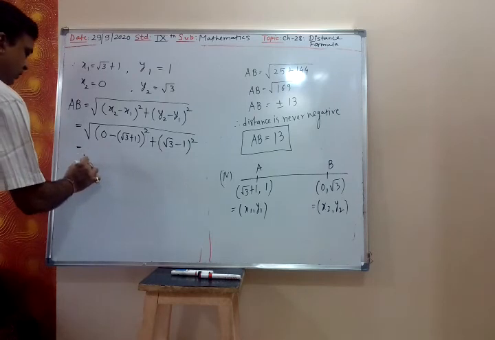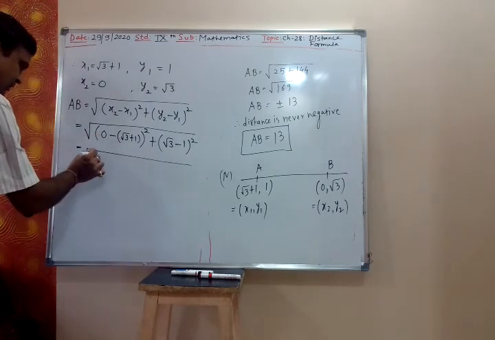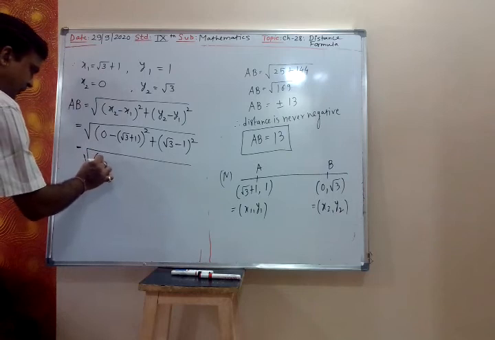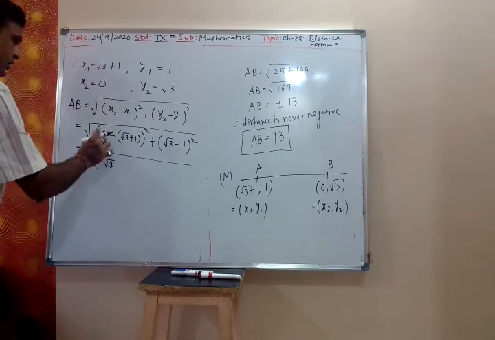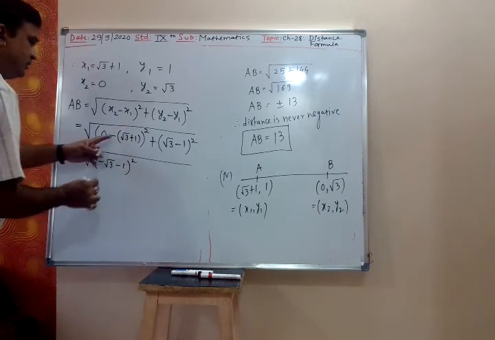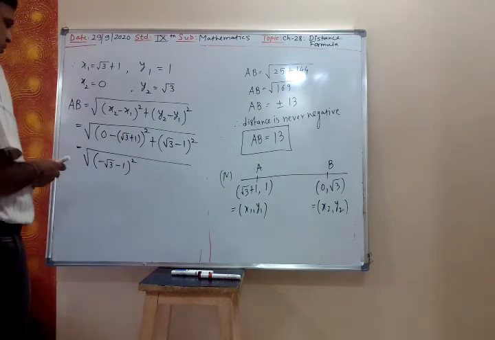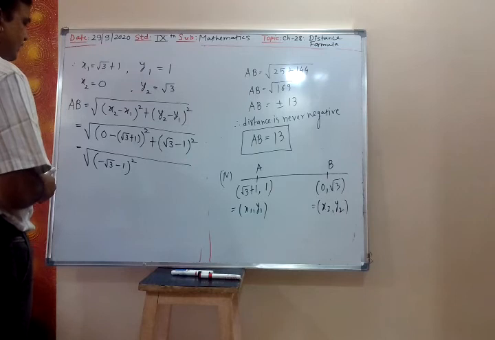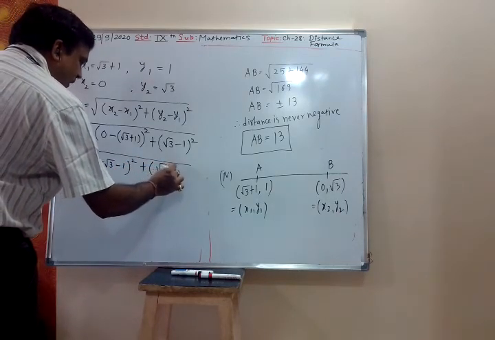So that will be square root of minus root 3 minus 1 whole square, are you following, plus root 3 minus 1 whole square.